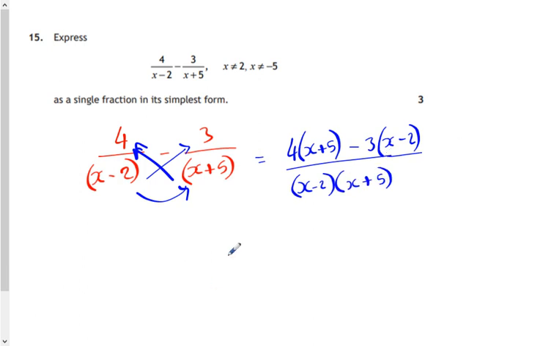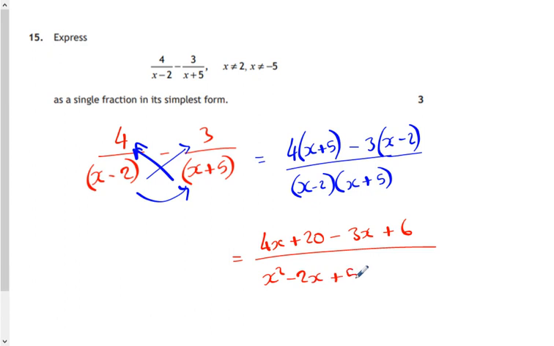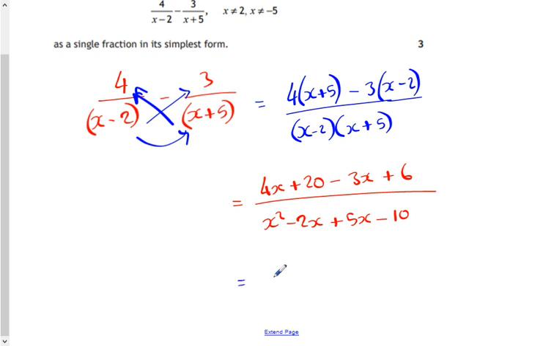Now we can break those brackets, so we get 4x plus 20 minus 3x plus 6, double negative gives us the positive, over x squared minus 2x plus 5x minus 10, which comes out to the nice neat x plus 26 over x squared plus 3x minus 10. There we go. That's our single fraction in its simplest form.